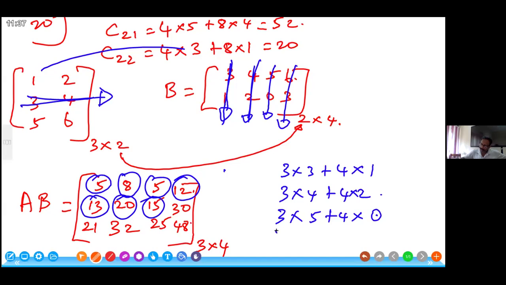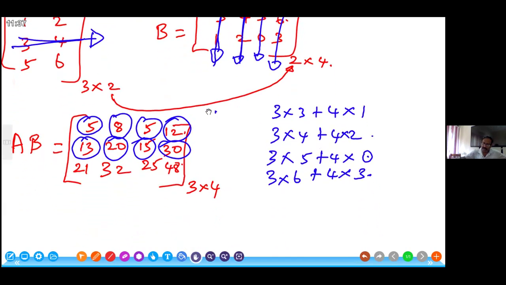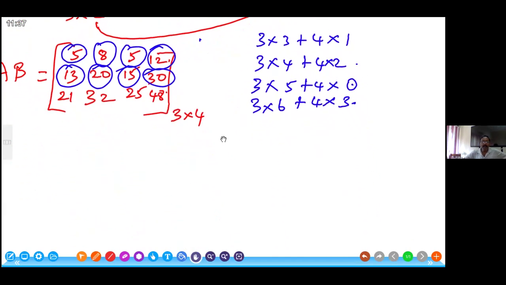The last one is 3 into 6 plus 4 into 3, that is 30. Likewise, you go for the third row. You need to practice. If you don't practice, you will be in trouble.